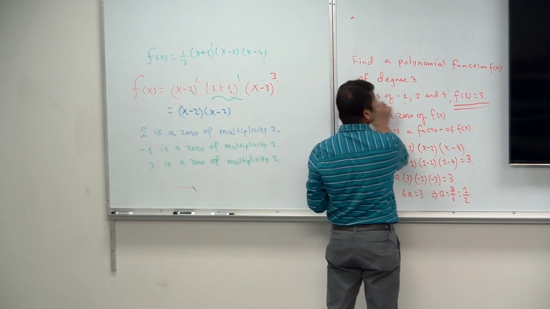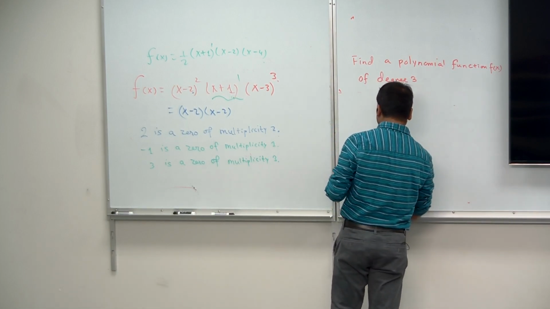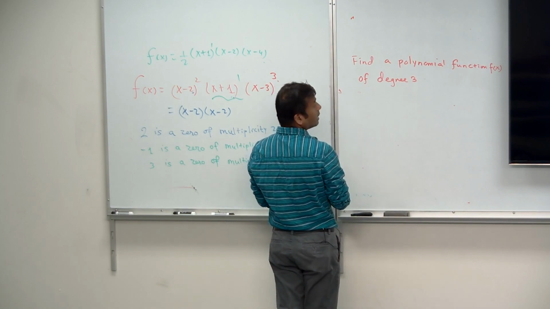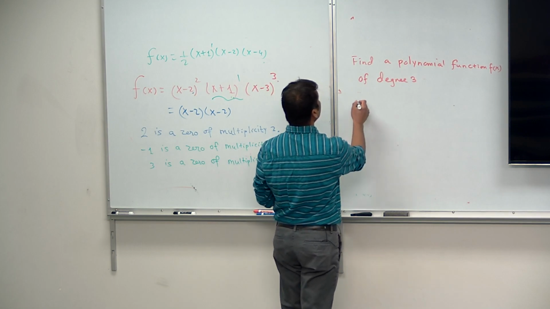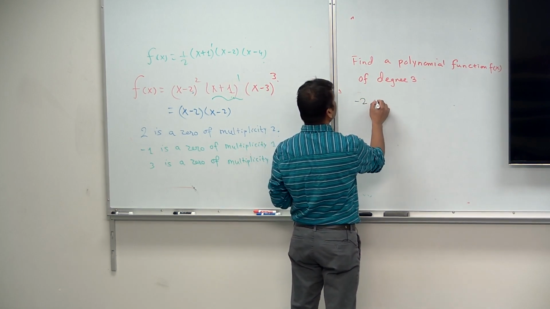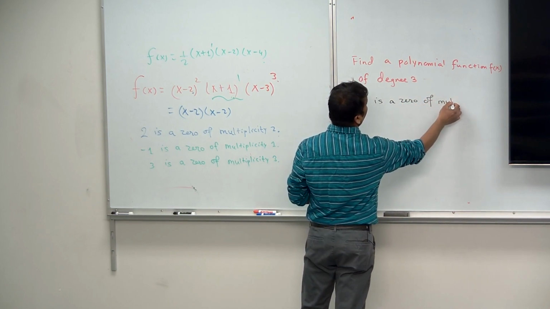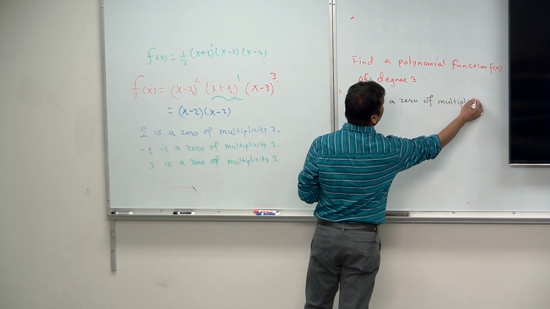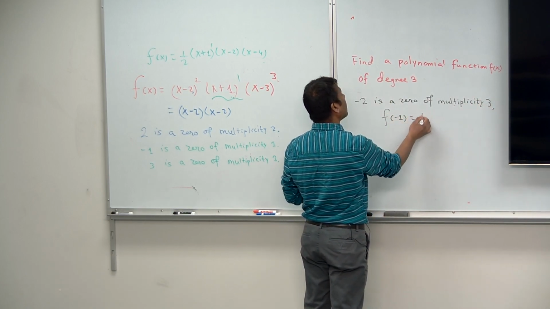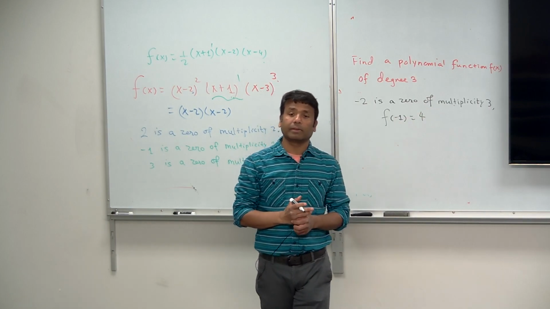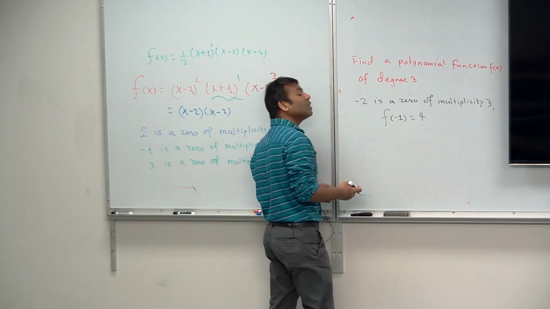The given condition is that negative 2 is a 0 of multiplicity 3, and f of negative 1 equals 4.